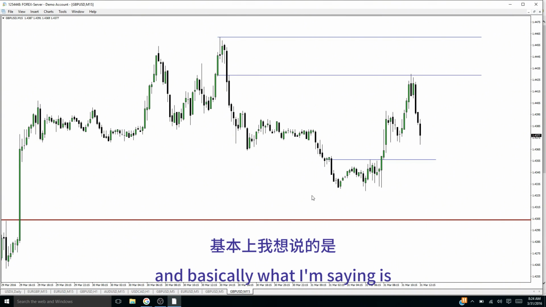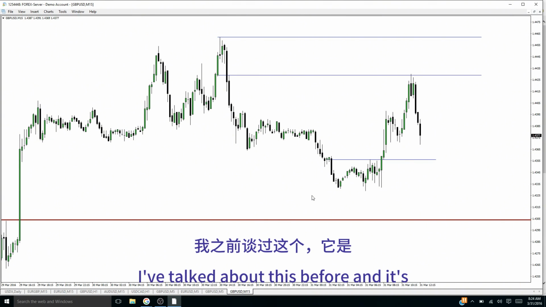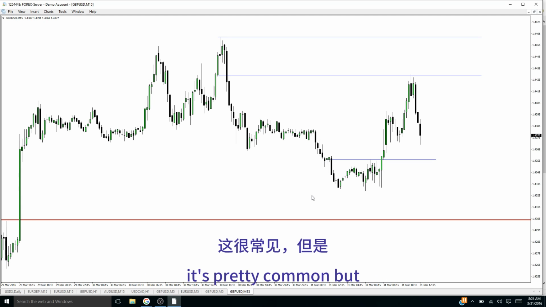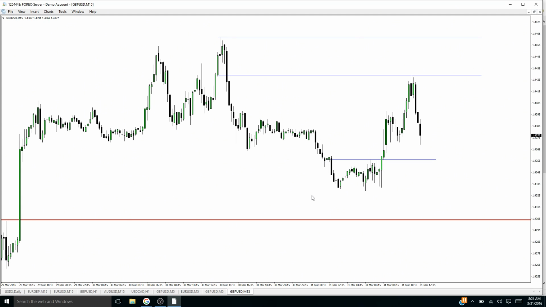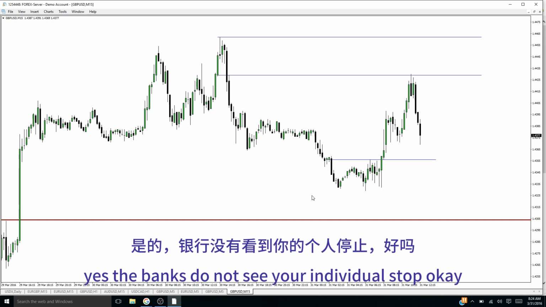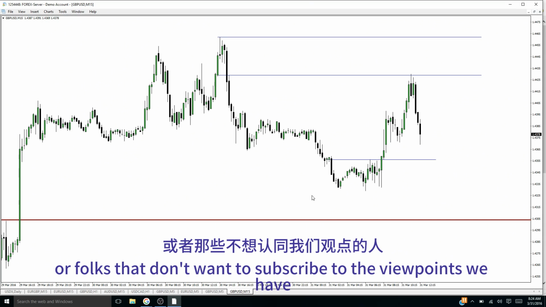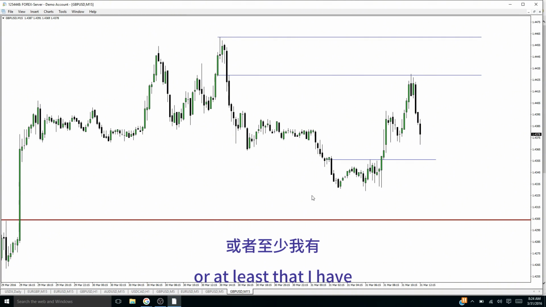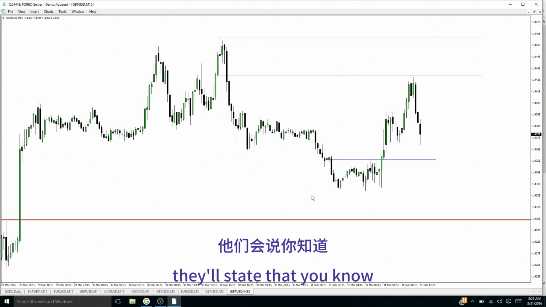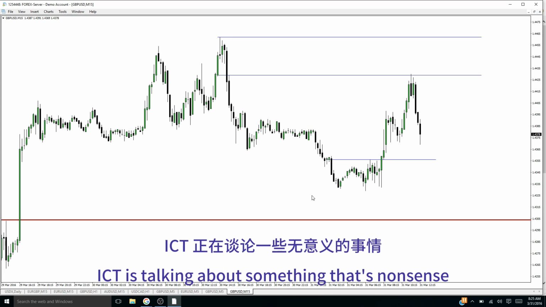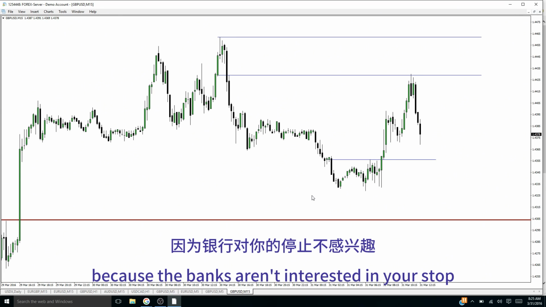Okay, and basically what I'm saying is I've talked about this before, and it's pretty common, but yes, the banks do not see your individual stop. Okay, so when the detractors or folks that don't want to subscribe to the viewpoints we have, or at least that I have, they'll state that ICT is talking about something that's nonsense because the banks aren't interested in your stop.